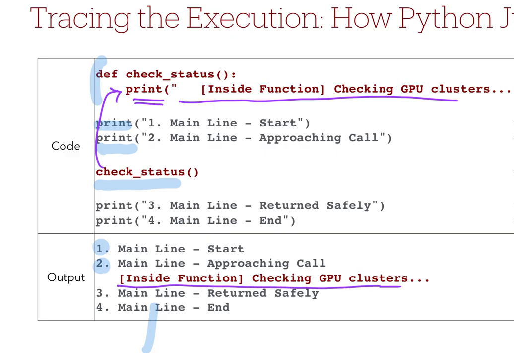Once that is done, you go outside of the function and then you go back to the original place and resume executing the statements in the code. I mean, right after this, you go to the next unindented line to generate the outputs corresponding to these print lines.